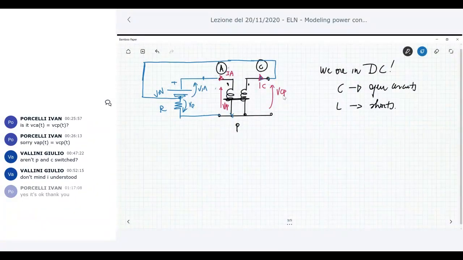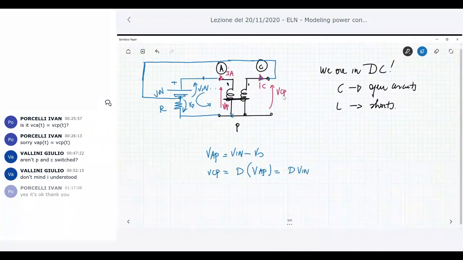So this circuit is exactly this one. We can say that VAP is equal to Vin minus V naught. Okay, simply a Kirchhoff law here. VCP is the voltage at the secondary of this transformer, so it's simply the turn ratio D that multiplies VAP.